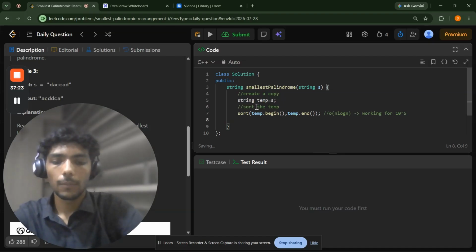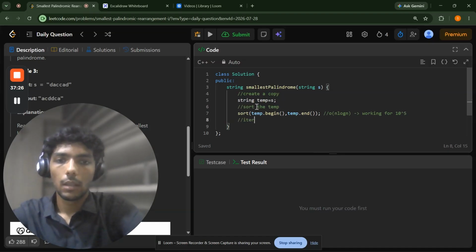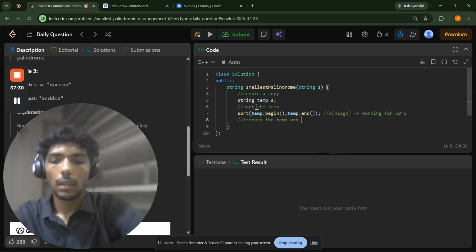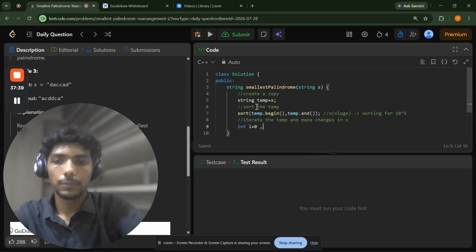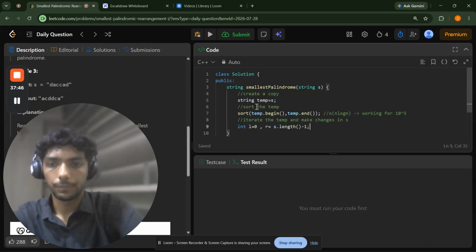Now we iterate the temp and make changes in S. We initialize L with 0 and R with S dot length minus 1.